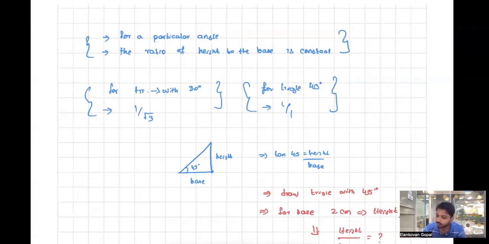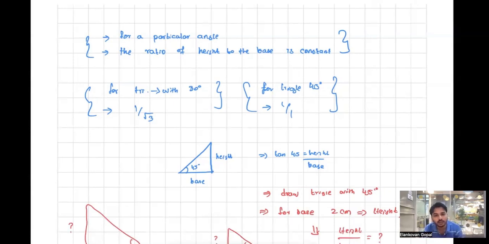Okay. Now draw one more triangle. So let's say you're drawing a triangle like this, 2 centimeters, this is 45 degrees, you measure this and divide height by the base. Now draw one more triangle with 4 centimeters, still 45 degrees, measure this height and take the ratio of height to the base. It should come out to be the same.